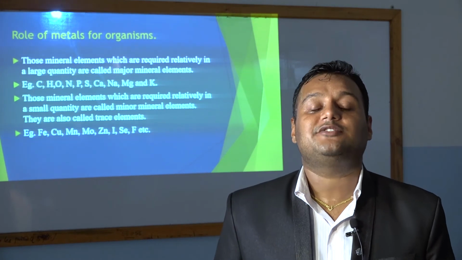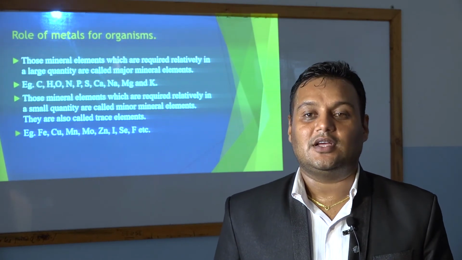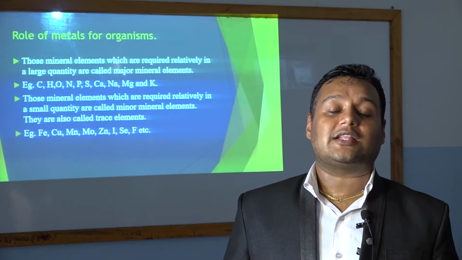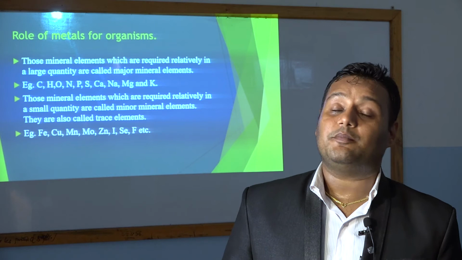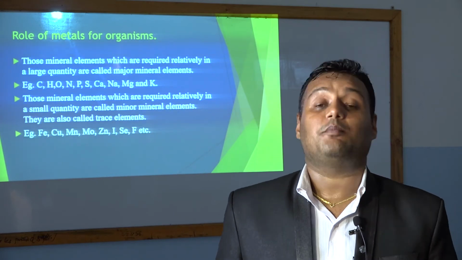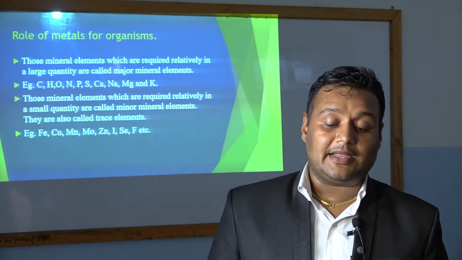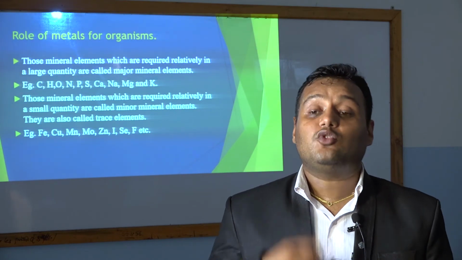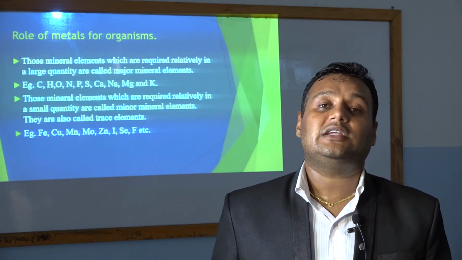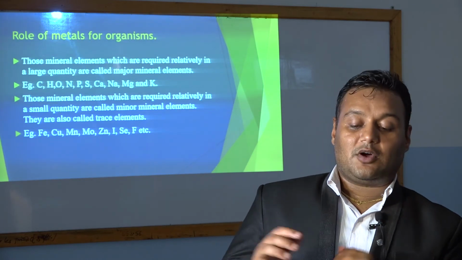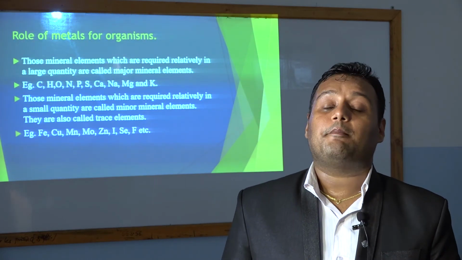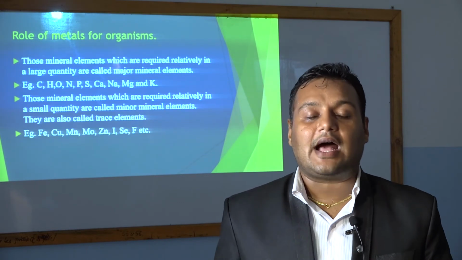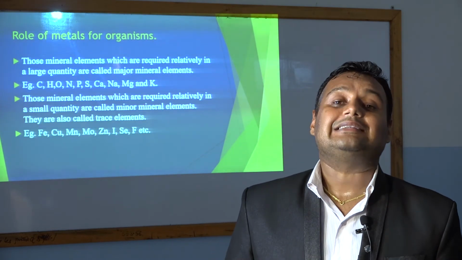Let's recall this. Our body needs different types of minerals on a daily basis. Those minerals which our body needs in abundant or large quantity are called major mineral elements, and examples are carbon, hydrogen, oxygen, nitrogen, phosphorus, etc. Those minerals which our body needs in relatively smaller amounts are called minor mineral elements, also called trace elements.